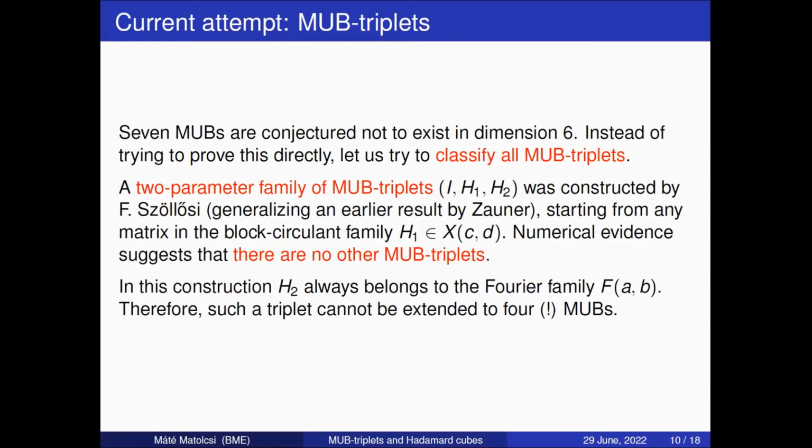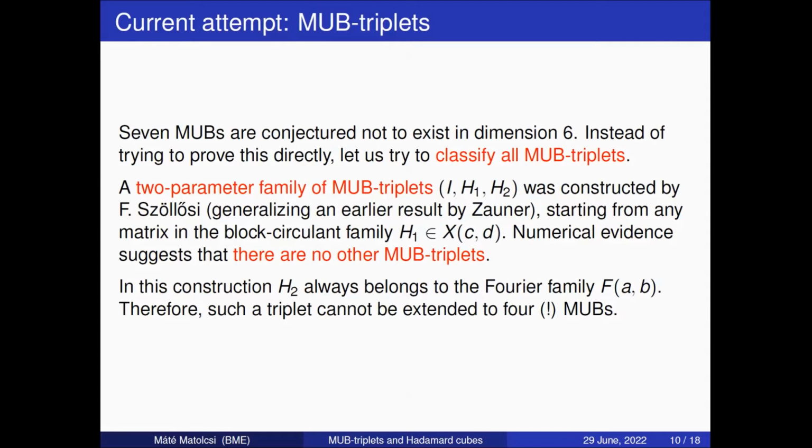And so why don't we try to say that, okay, these are the only MUB-triplets. If this is true, then the construction of Ferry-Sörlősi leads to this: the first matrix comes from a block circulant family, the second matrix is the identity, and the third matrix in the triplet is always in the Fourier family.